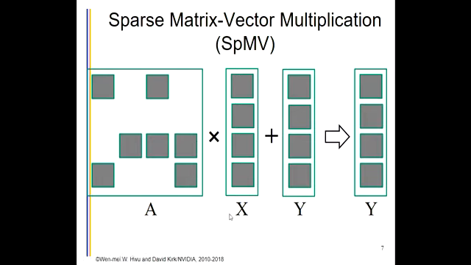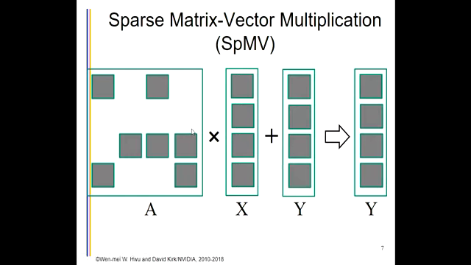So every element in A is only used once in the matrix vector multiplication. The x elements are reused, but in a very unstructured way, because you have so many zeros in A that only a very small number of x elements is used in each inner product.